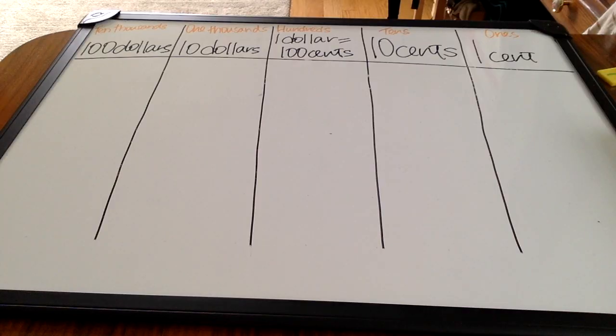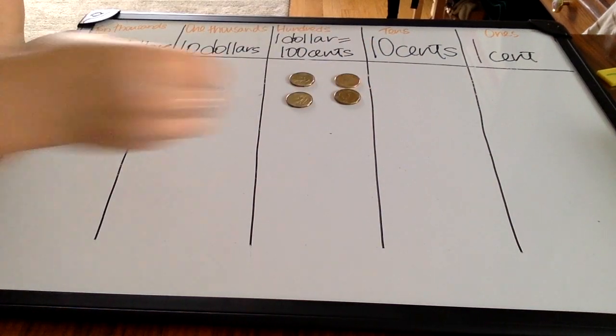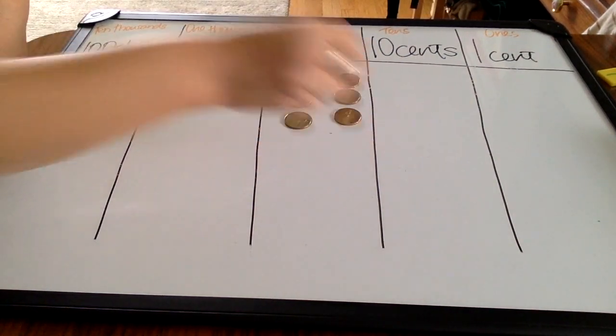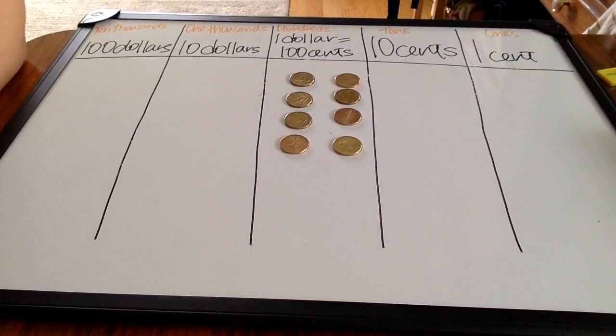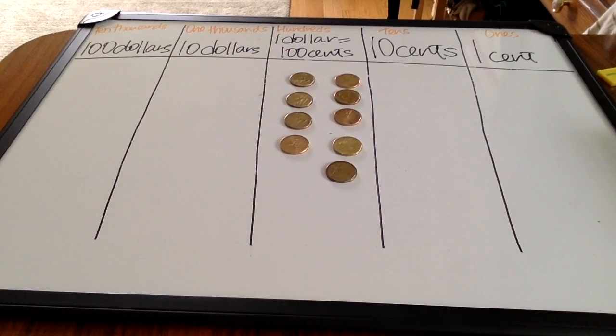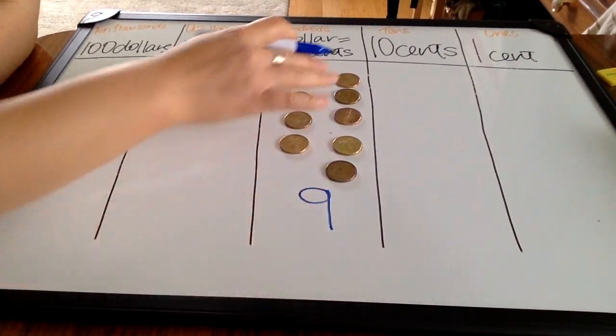Okay, so let's think about what this means right over here. 1, 2, 3, 4, 5, 6, 7, 8, 9. I have $9 right over here.